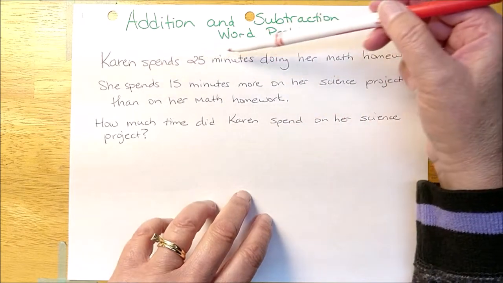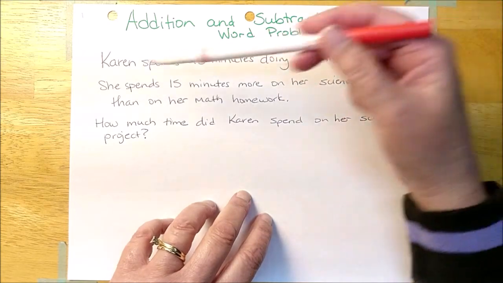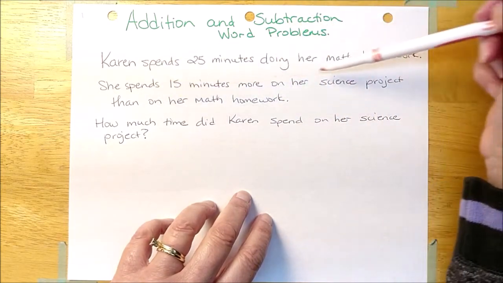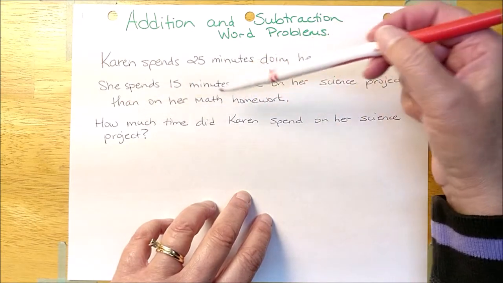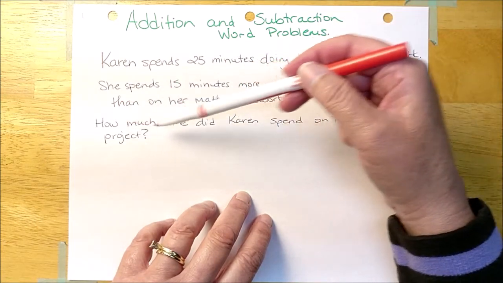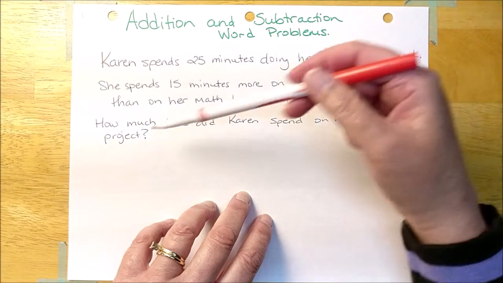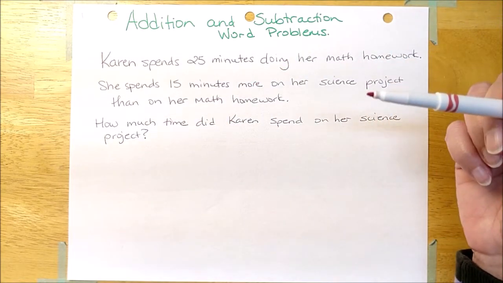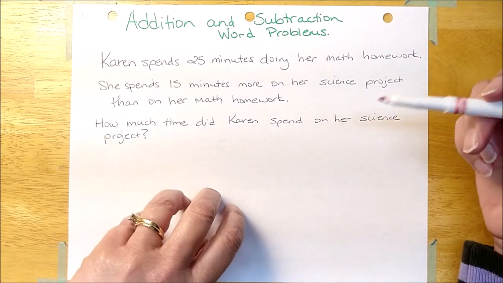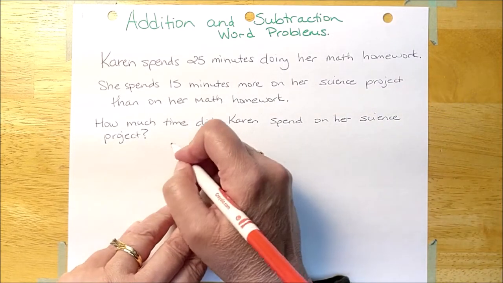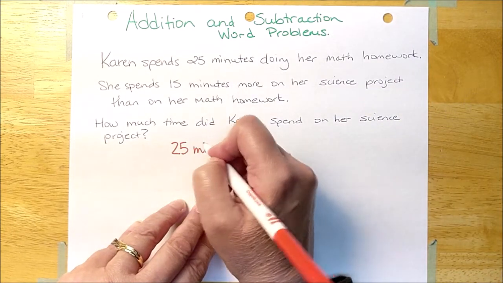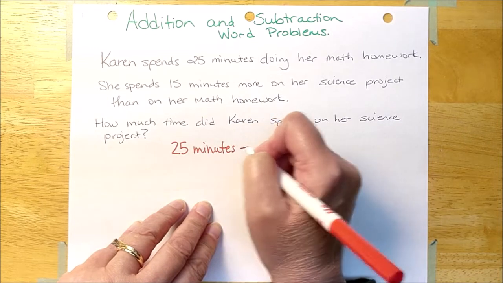So Karen spends 25 minutes doing her math homework. She spends 15 minutes more on her science project than on her math homework. How much time did Karen spend on her science project? Well, that's a lot of words. So I could write this in a short form. I could say 25 minutes math.